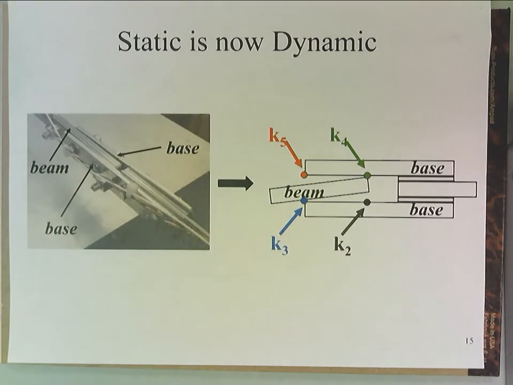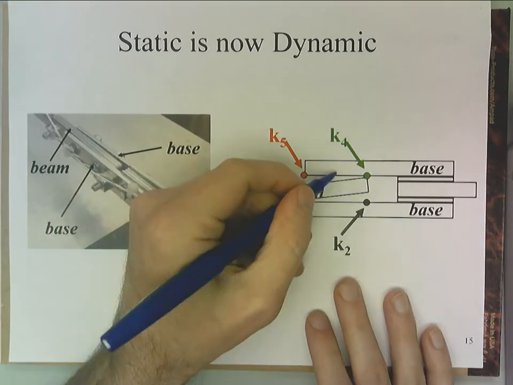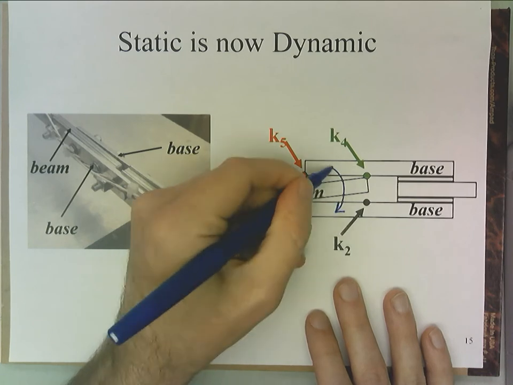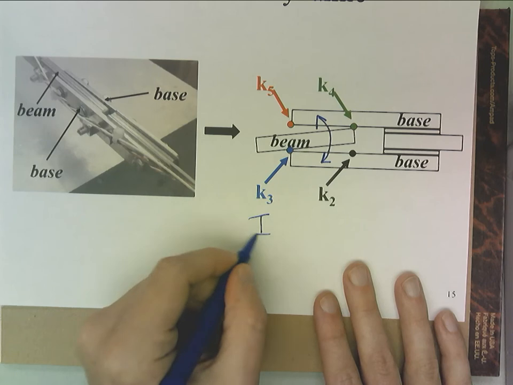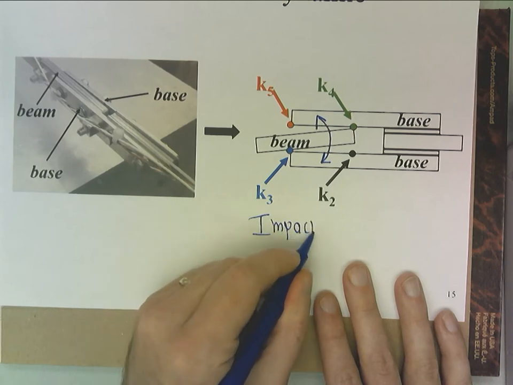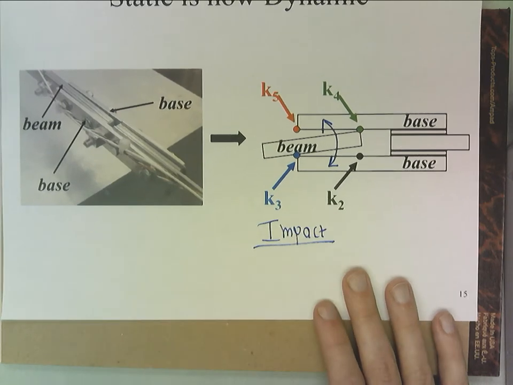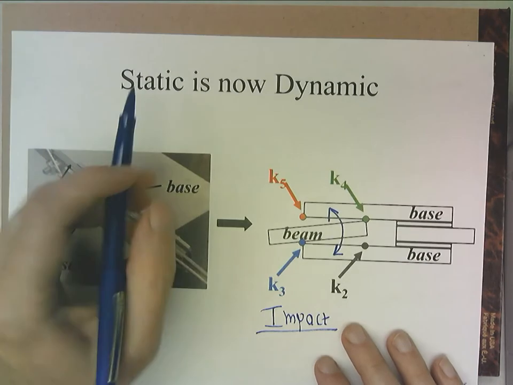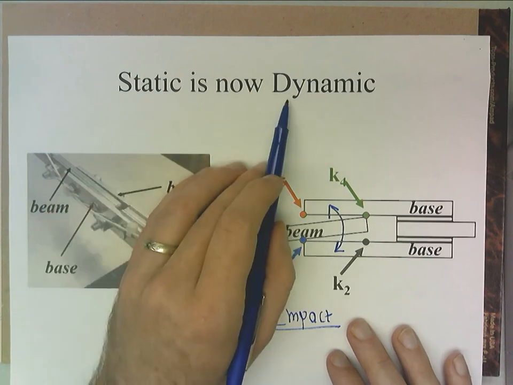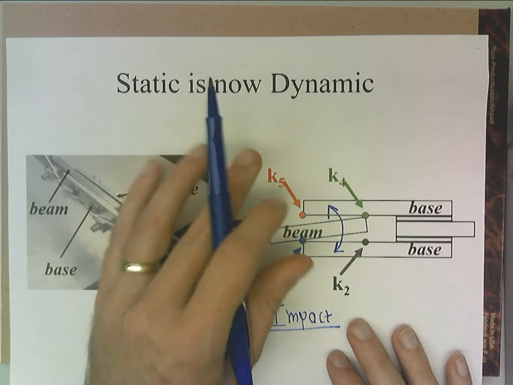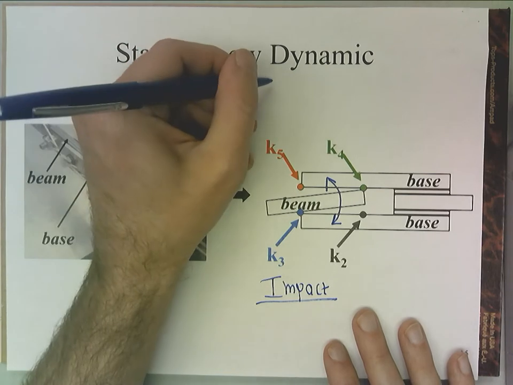But basically, once we get a loose joint and we get motion back and forth, we now have impact. And so we've taken something that we consider to be static and have static loading, and now it's a dynamics problem.